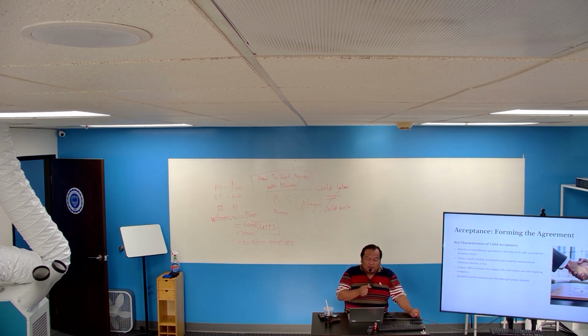Because if you signed the contract and it was not explained to you very well, or it was not explained to you in a language that you are comfortable with, then the contract might be considered void. Okay?